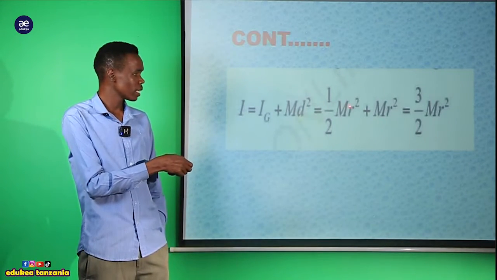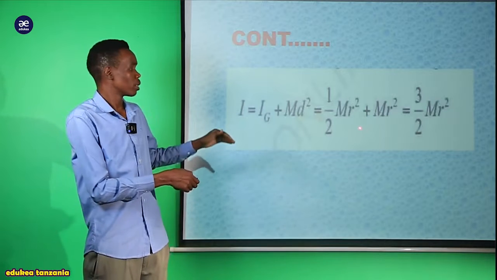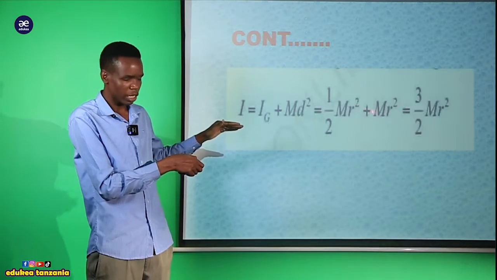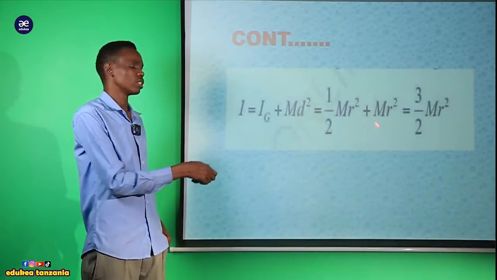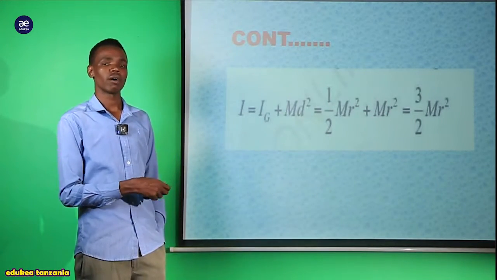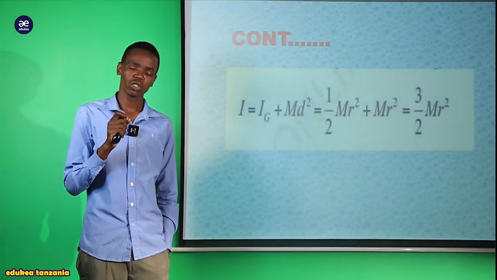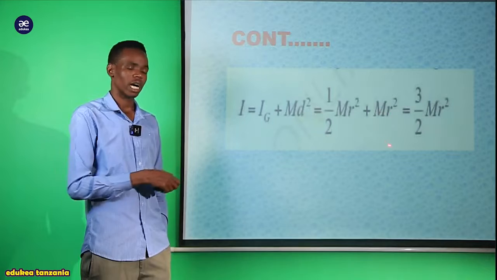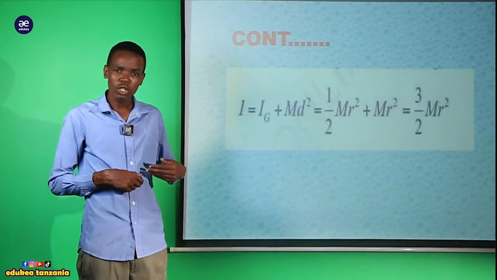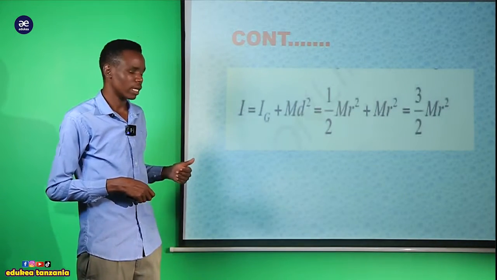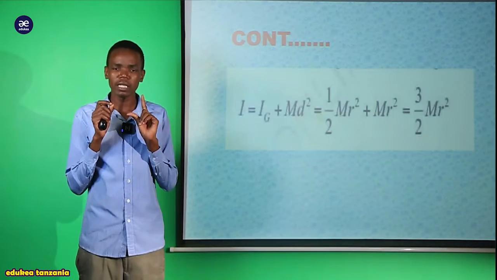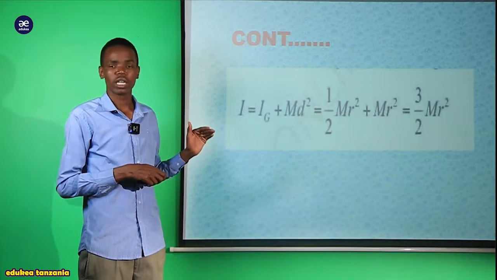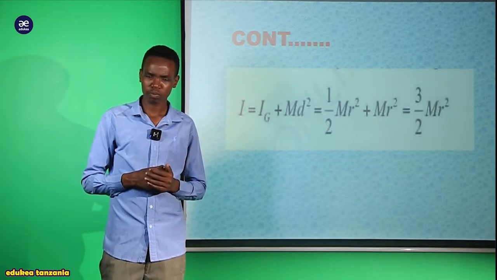If we simplify, we have the common mr square, so we factor out mr square. Inside the bracket we obtain 1/2 plus 1. Then if we continue simplifying, the moment of inertia must be equal to 3/2 mr square.